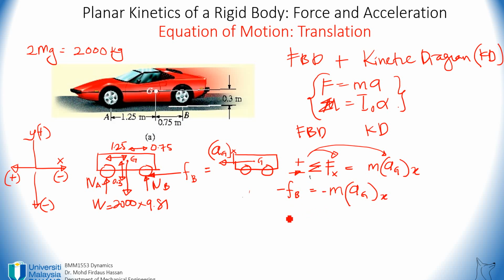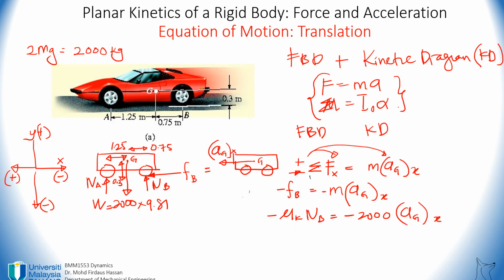So FB is equal to, we know that FB is mu K times NB. Negative mu K times NB is equal to negative 200 kilograms times AGX.